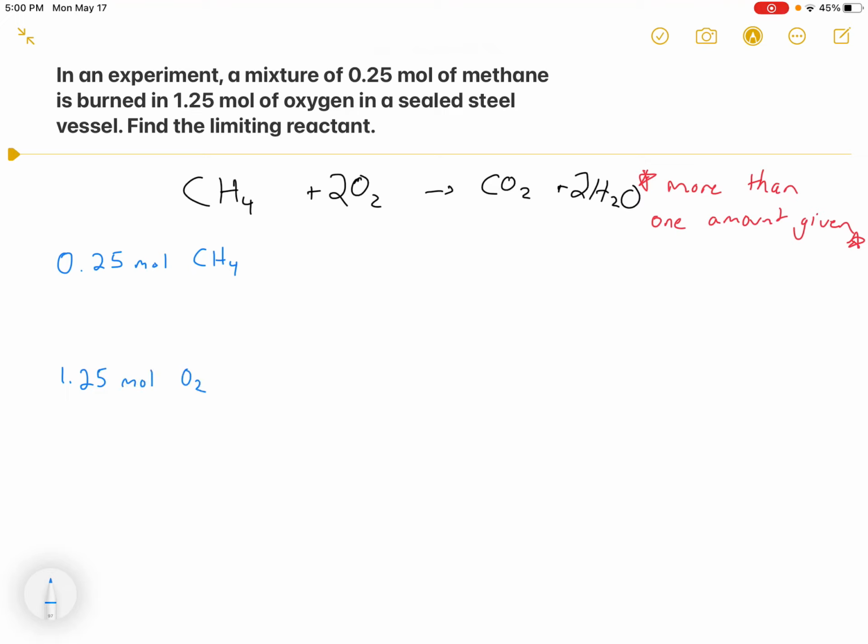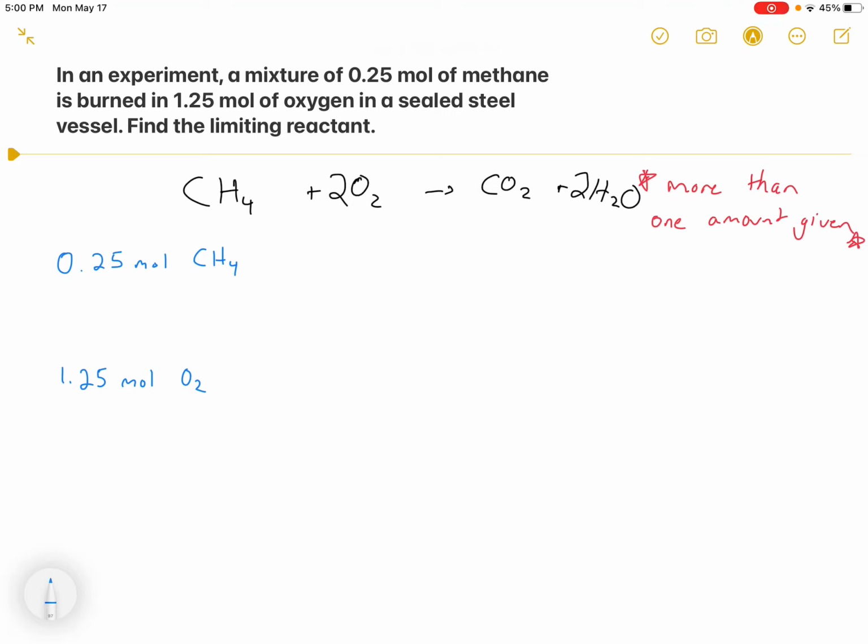When we say convert all of the reactants to the same product, it means we're going to set up two different equivalent proportion multipliers to figure out how much of one particular product would be created for each type of reactant if it were the one that was limiting.